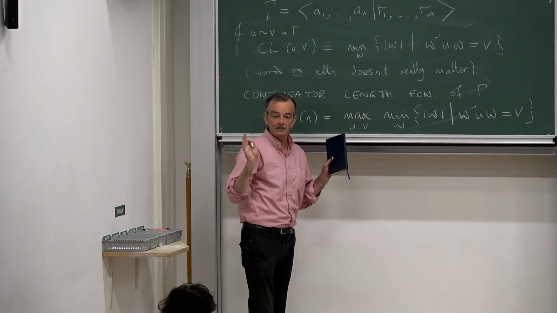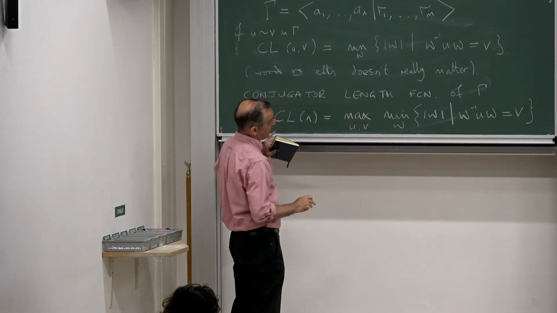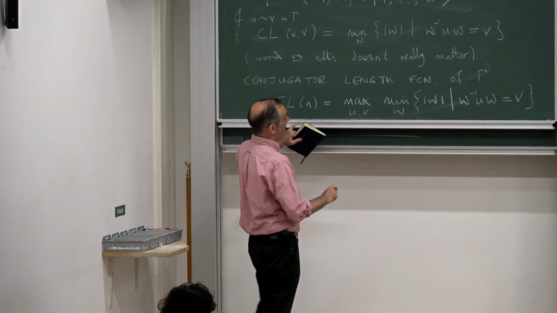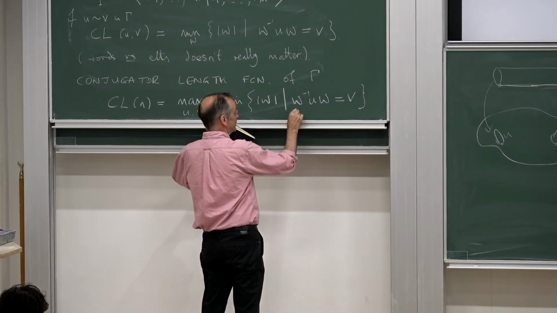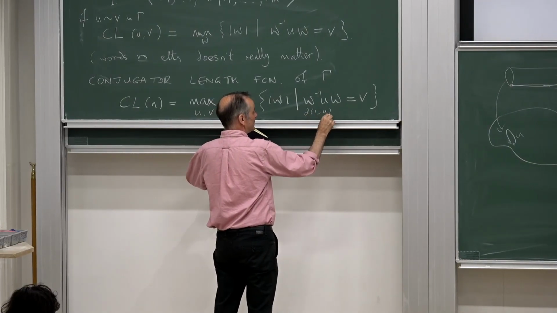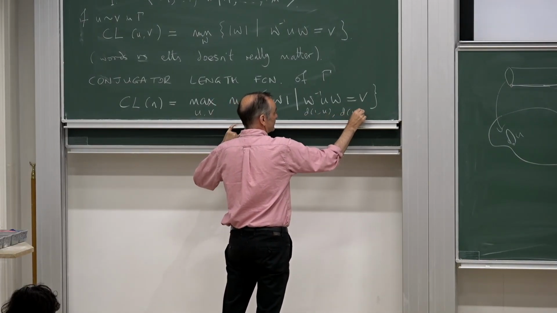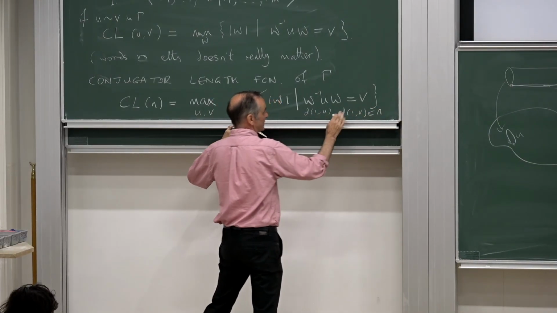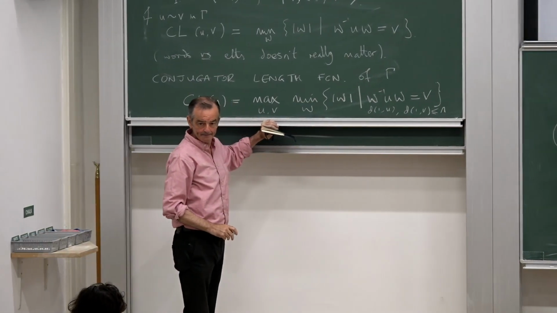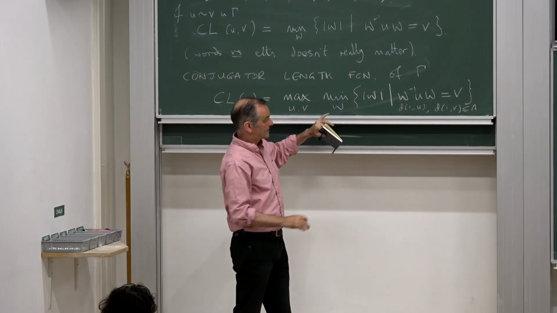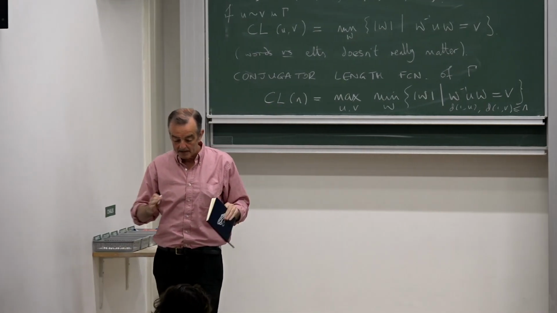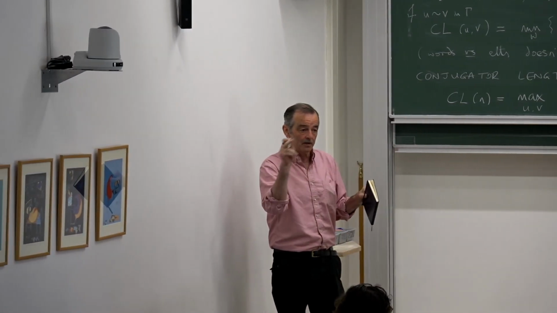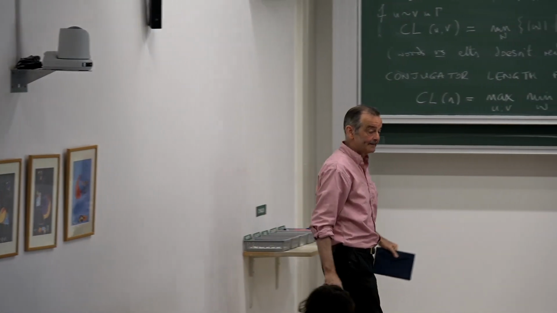So you look at all pairs of words up to length n. Sorry, better say something about n. So the distance from 1 to U and the distance from 1 to V are both less than or equal to n. Or if you like, they're words of length less than or equal to n. So take words of length up to n, describing elements of your group, look at pairs that are conjugate, and ask how long is the minimal conjugator.